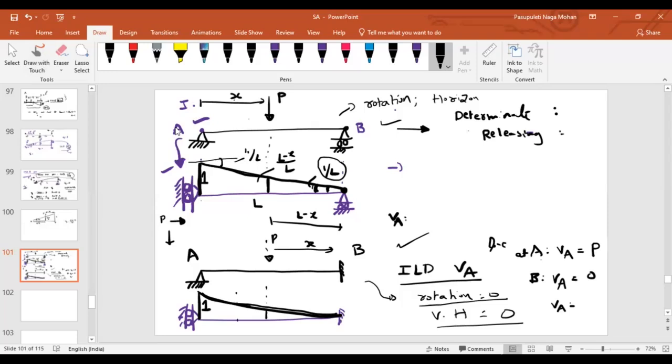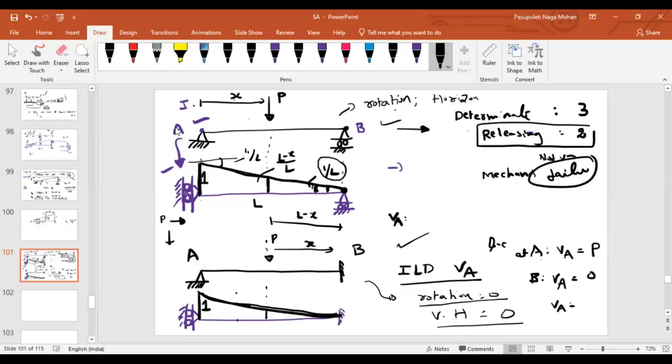In the original case, 3 reactions. After releasing one force, how many net reactions are possible? 2. That means is it stable? After releasing one force, it is unstable. Unstable means a mechanism, which means failure is possible in this case.